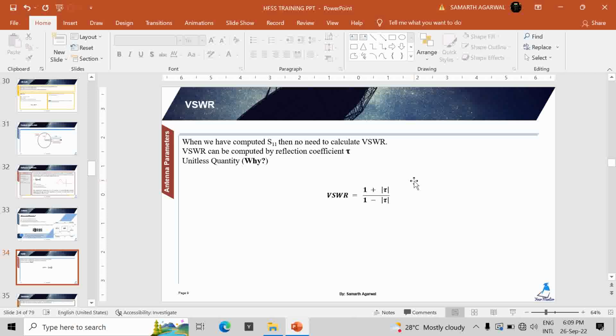Regarding S11 and VSWR, each has its own significance at higher applications. But in manuscripts, it is not needed to plot both results, S11 and VSWR.